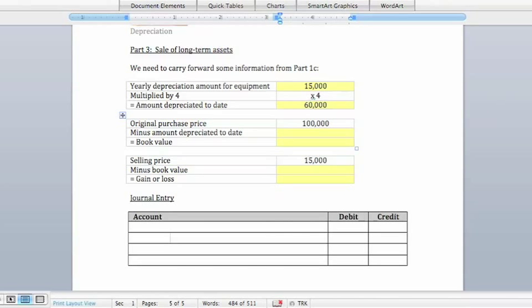And so our original purchase price was $100,000. And so if we subtract out $60,000 that has been depreciated to date, we have a current period book value of $40,000. So we have this asset carried on our books at $40,000.